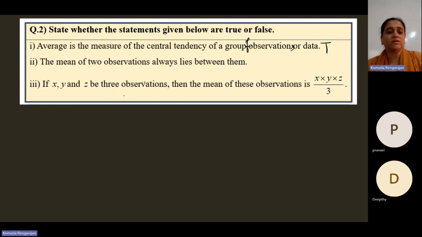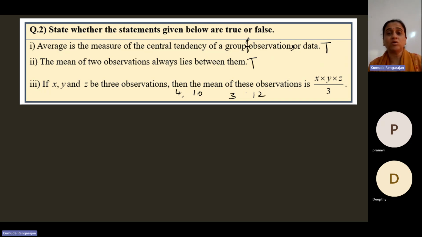In the sense, if we have two numbers, 4 and say 10, the mean of these two numbers cannot be 3. It cannot be 12. The mean cannot lie outside the boundary of the two numbers. It will lie between them.